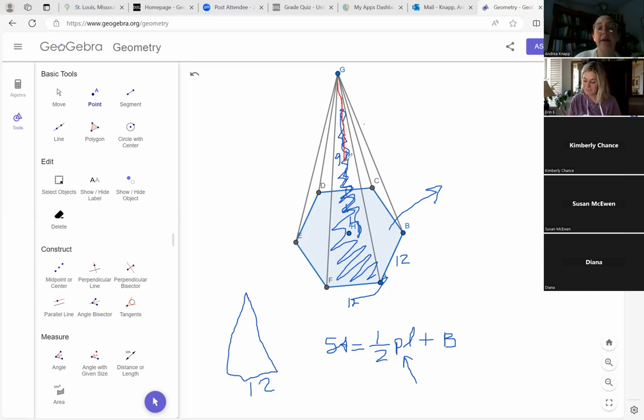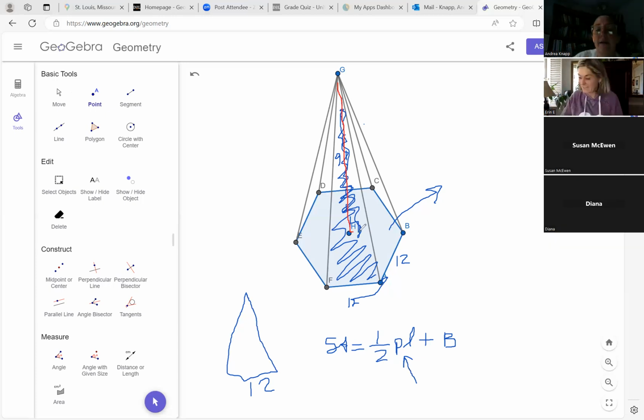No, the 12 is the side of the hexagon, which makes sense. And so we know that the altitude is 9. And so now we just need to figure out our slant height.